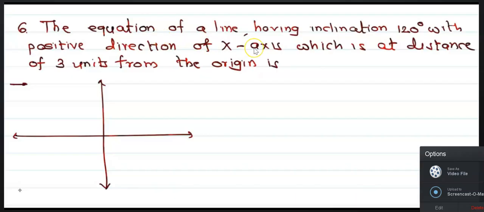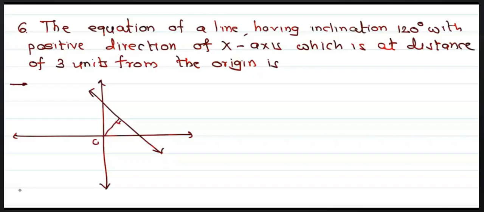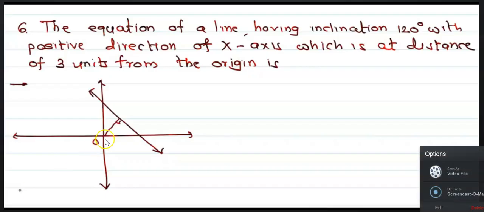The equation of a line having inclination 120 degrees with the positive direction of the x-axis, no problem, which is at a distance of 3 units from the origin. How far from the origin will the line be? At a distance of 3 units.